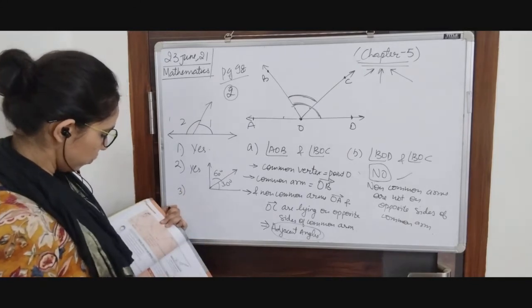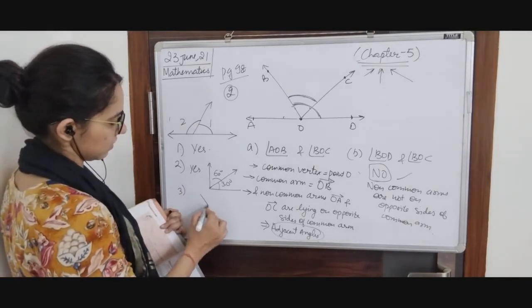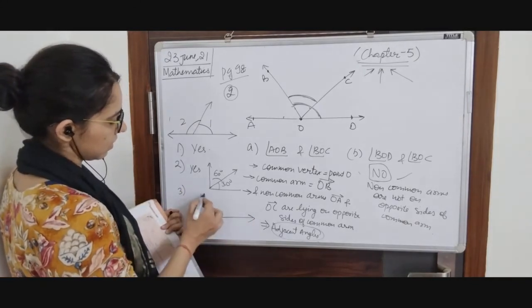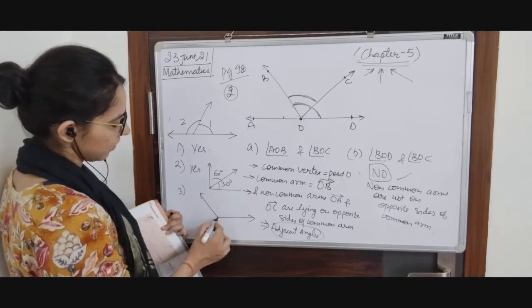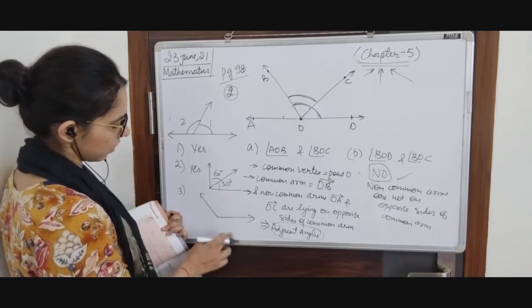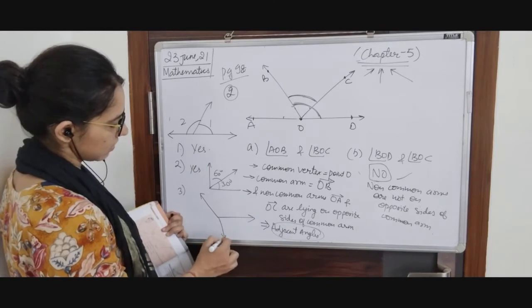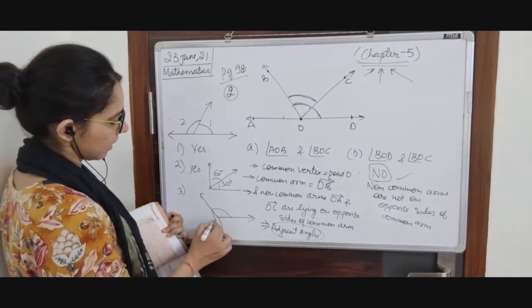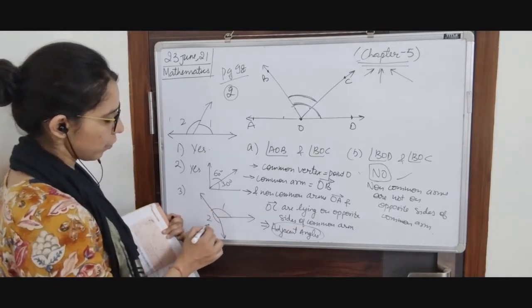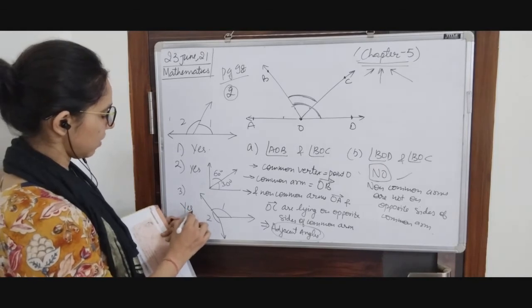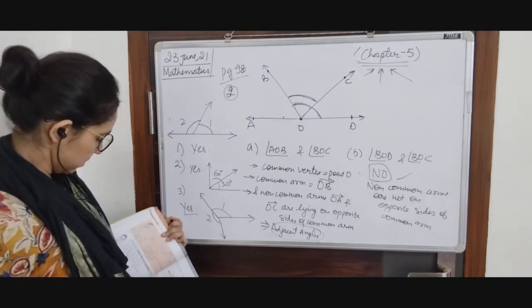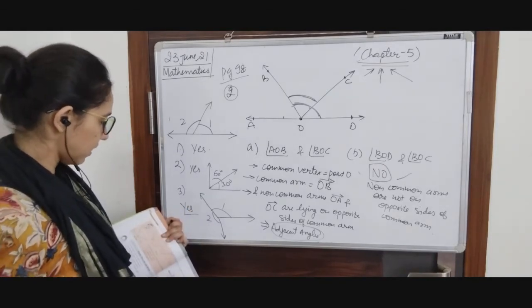Can two obtuse angles be adjacent angles? Yes. This angle is obtuse, greater than 90, and this angle, angle 1 and angle 2, is also obtuse. Both are obtuse and they are adjacent angles, right? So yes.